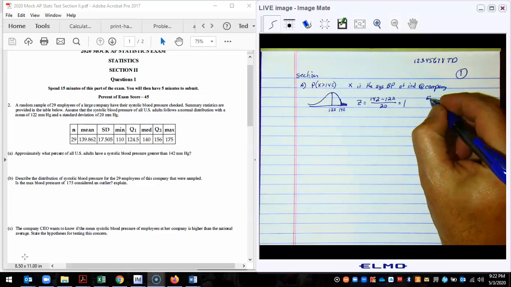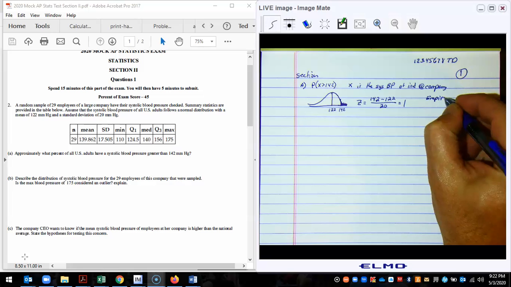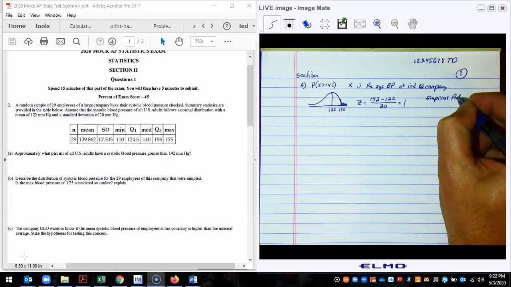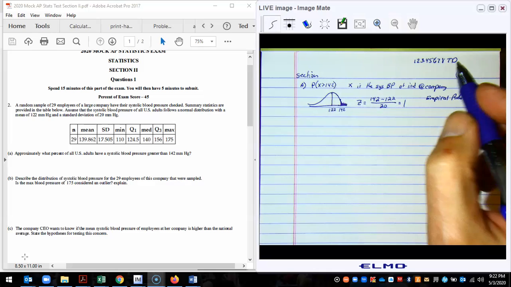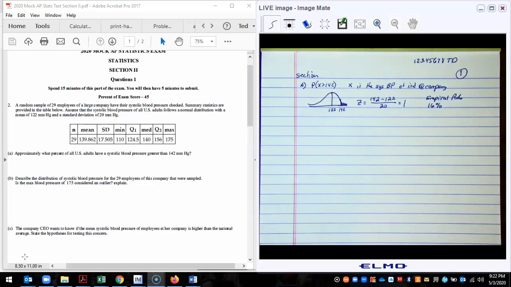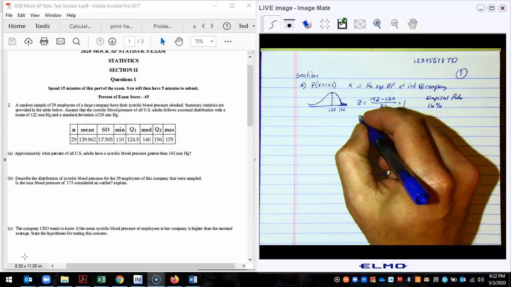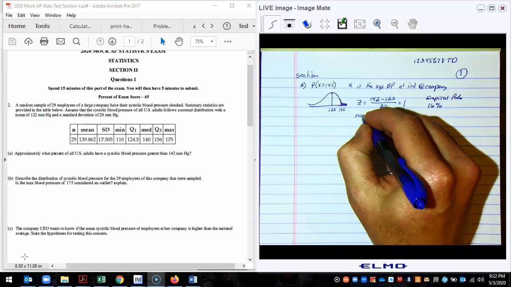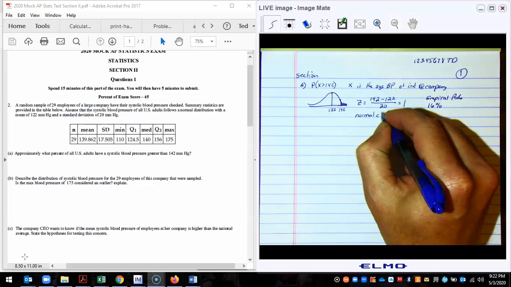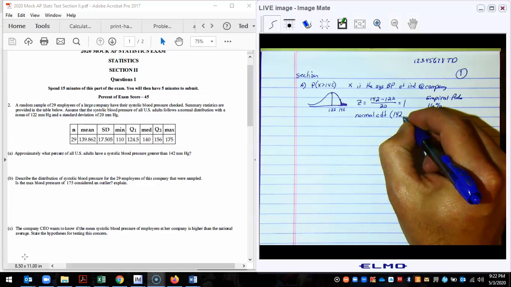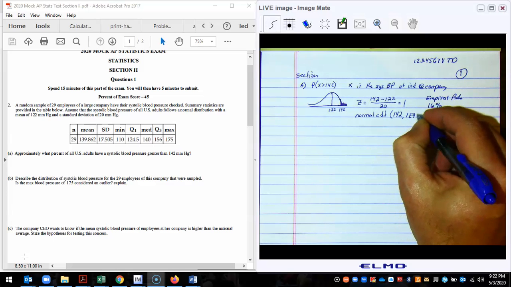So if we wanted to, we could invoke the empirical rule. We know that it falls at 1 standard deviation, so I know that 16% of my data lies above one standard deviation. We could also do a normalcdf. 142 is my left boundary, 1E99 is my right boundary.